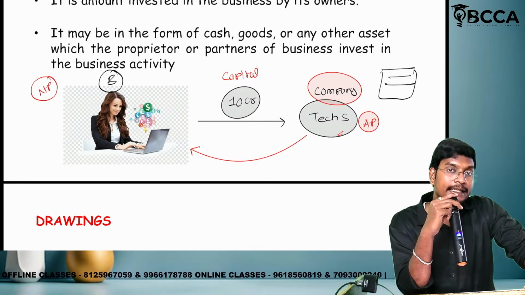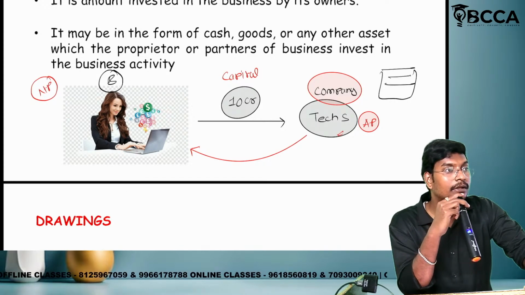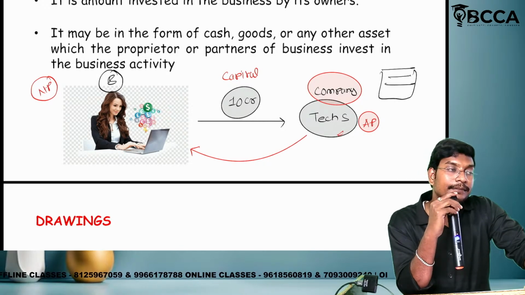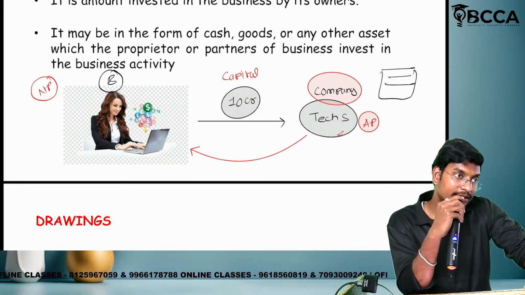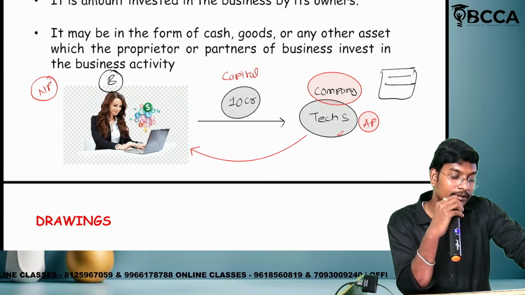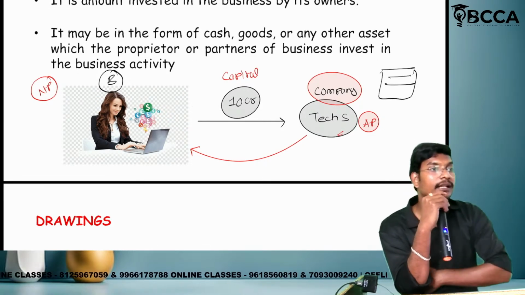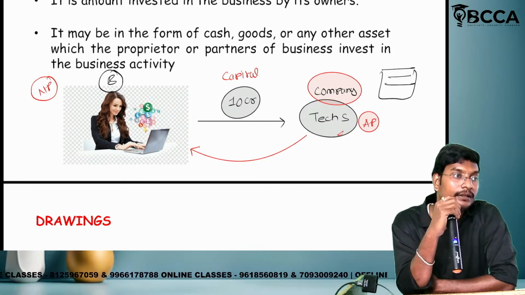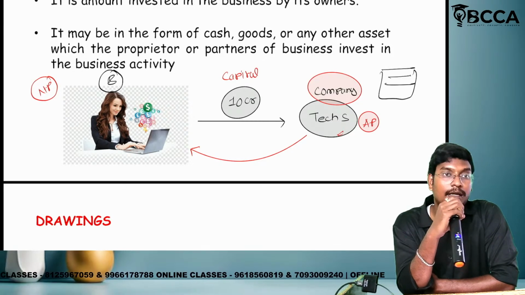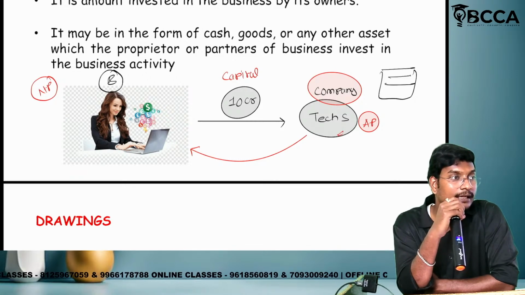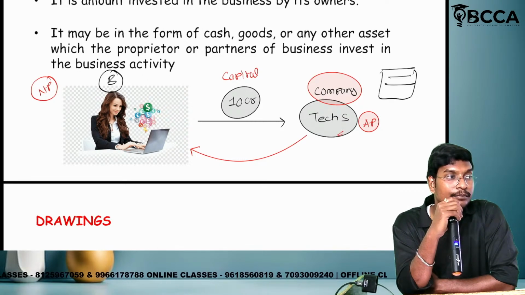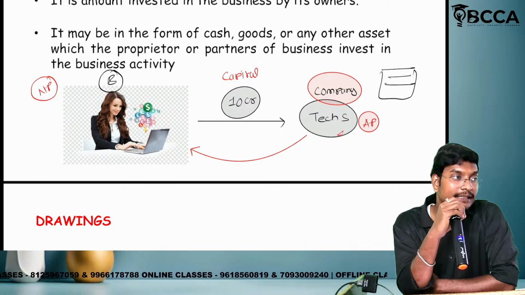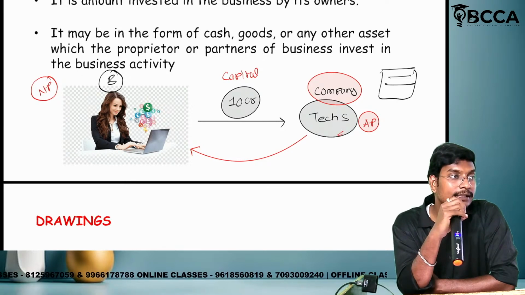Anything payable in the future is called a liability. Anything payable in the future is called what? Liability. Okay? So the capital is called what? Liability for the business. What is the meaning of capital? Any amount or kind invested in the business by the proprietor of the business is called capital.